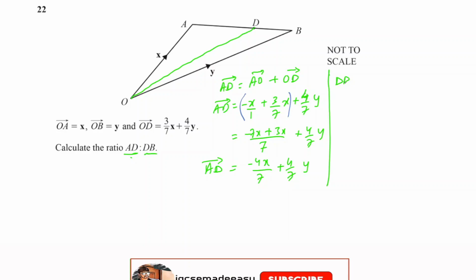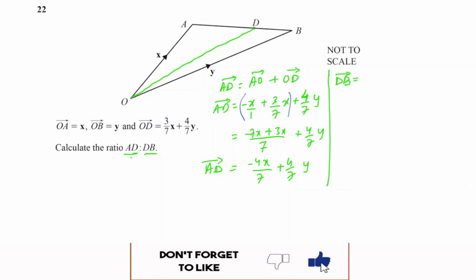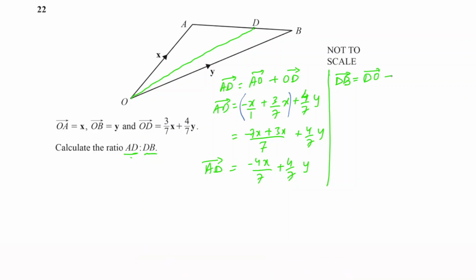So the DB vector will be equal to, I have to go from D to O, then from O to B. DO and OB. So what is DO? DO is actually the opposite of OD, right? So negative of the OD vector. Negative of OD means minus 3 by 7 x minus 4 by 7 y, plus OB. What is OB? OB is plus y.